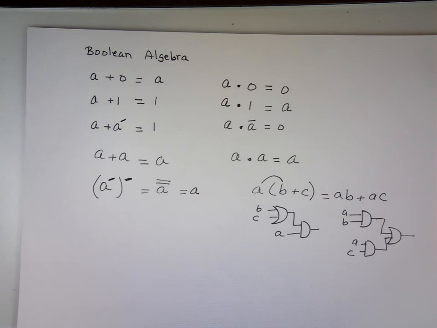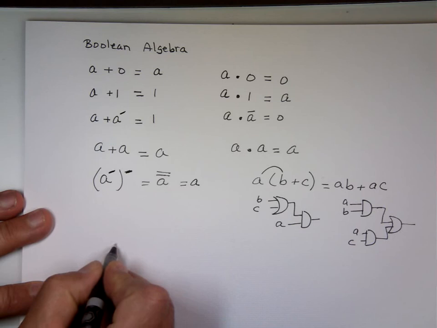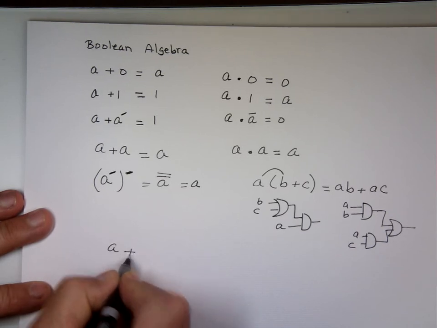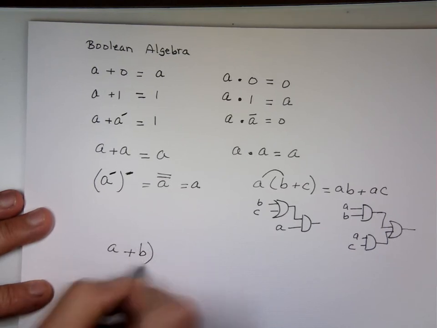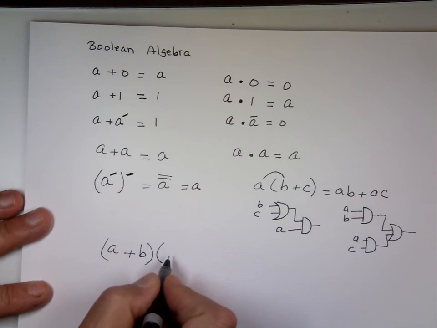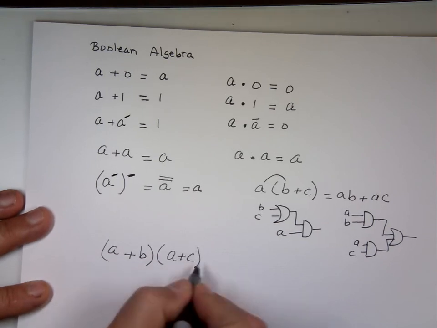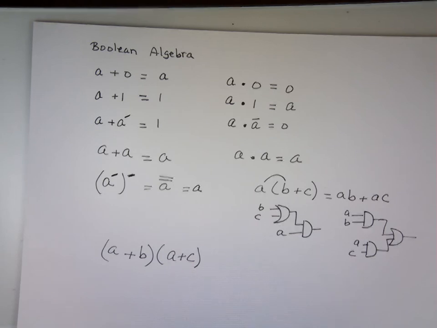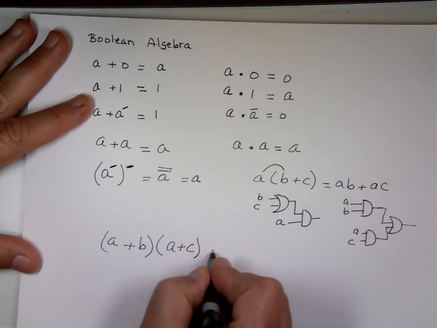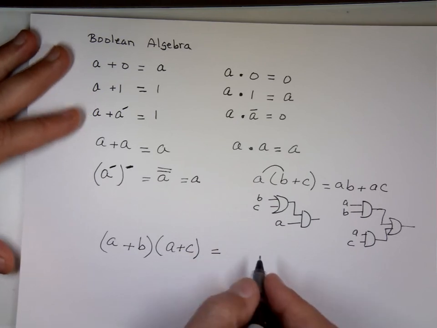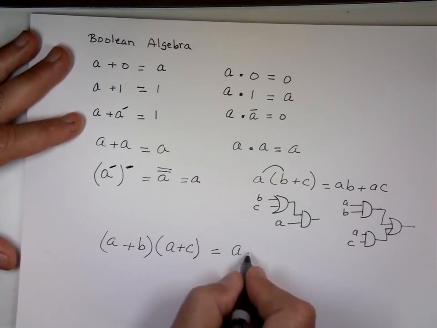Here's a big one that I use and you'll use here. Maybe you want to write that in big writing. Now, what do you think that's equal to? That's A plus BC.